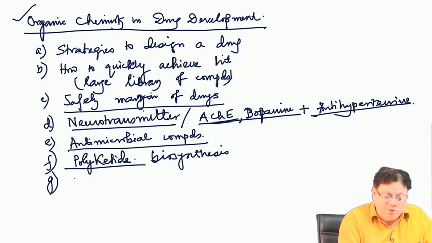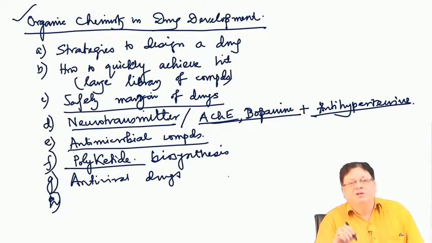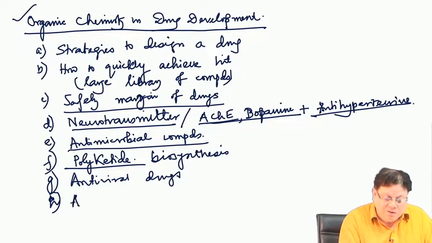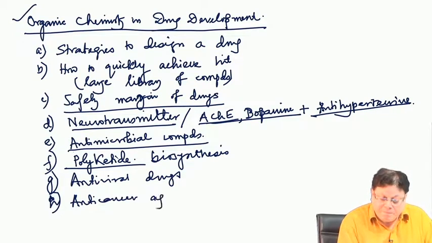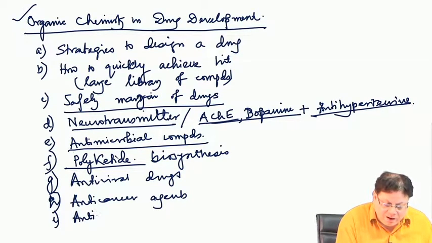After polyketides, we discussed the antiviral drugs, and once we were through with the antiviral drug design strategy, we went on to discuss anti-cancer agents, and in the last session we discussed the anti-ulcer.